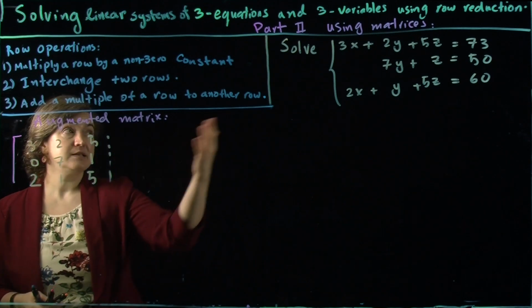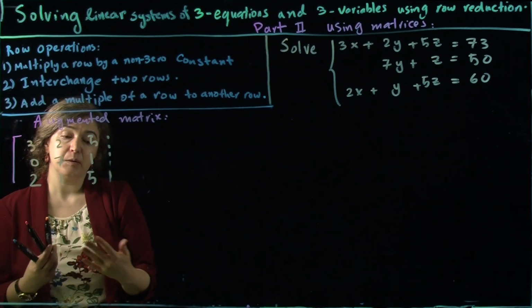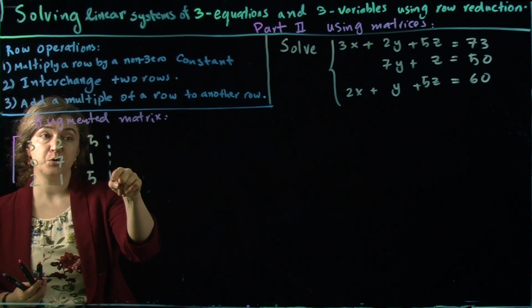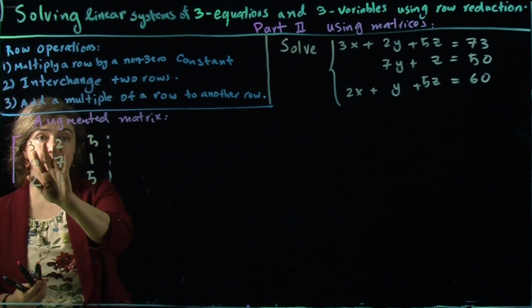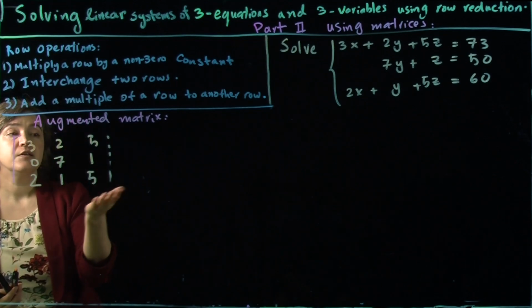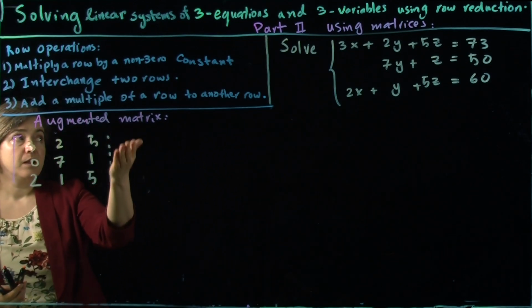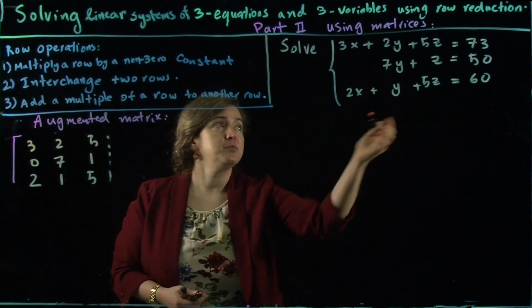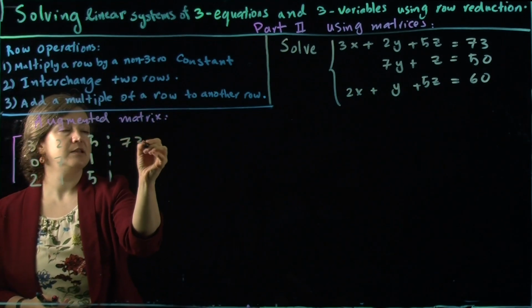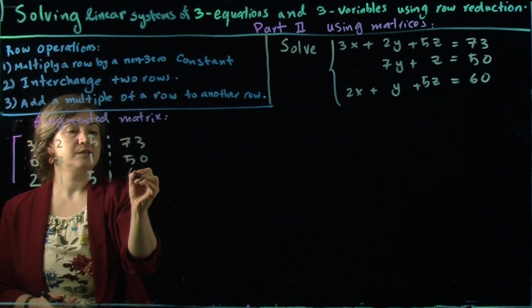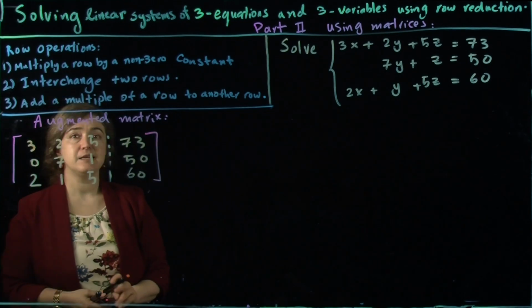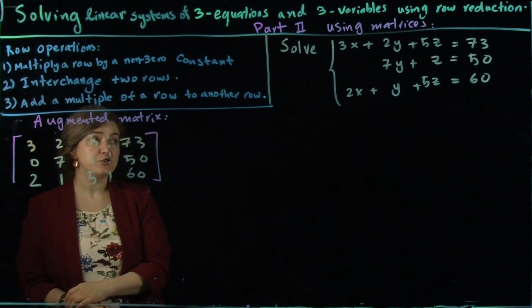If I'm solving the system on paper rather than using a machine, I want to have a method of bookkeeping so I can separate the matrix of coefficients from the matrix of constants. So then I'll put in the constants, 73, 50, and 60. And this becomes our augmented matrix.